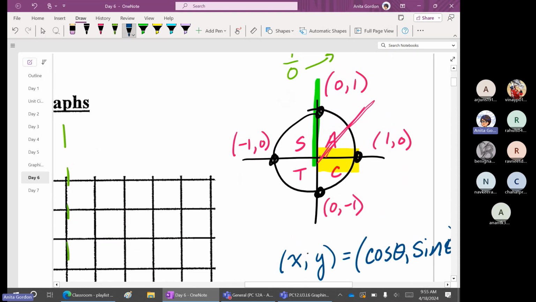Okay, what about between pi by 4 and pi by 2? What if we go slightly before it? Let's call this pi by 3, or in other words, 60 degrees. So we're past the 45 degrees, past the halfway point, but not quite at 90 degrees.